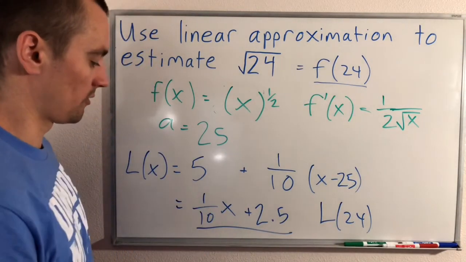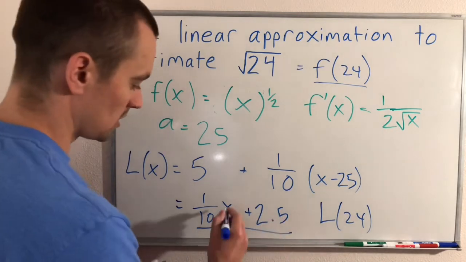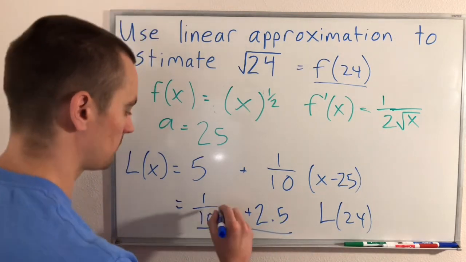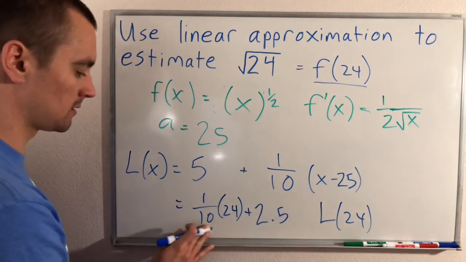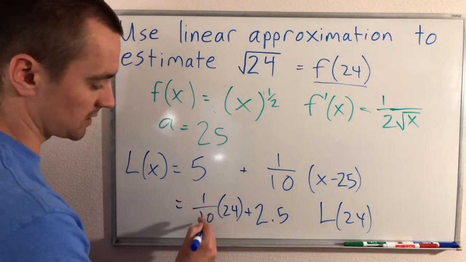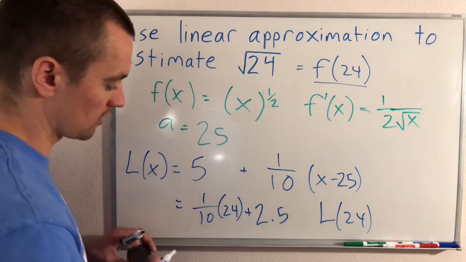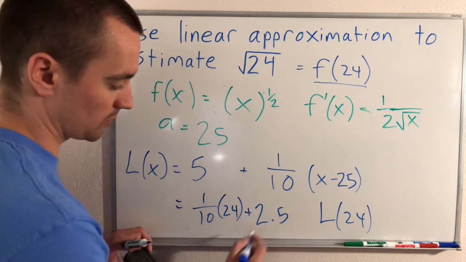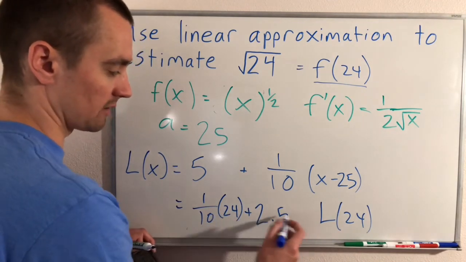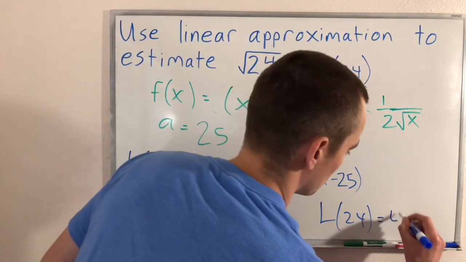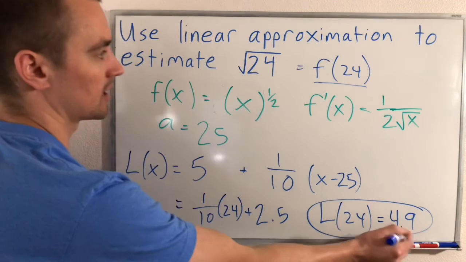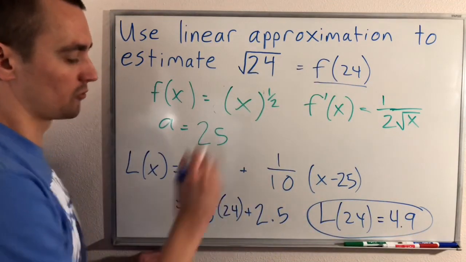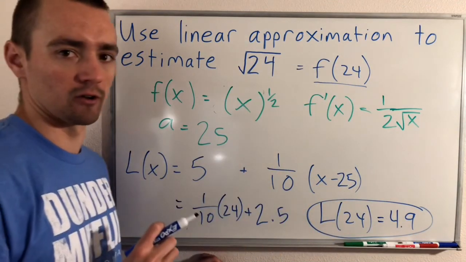So doing that, all we really need to do is replace our x with 24. 1/10 times 24 is 2.4, and then 2.4 plus 2.5 is going to give us 4.9. So that is our estimate of the square root of 24 using the linearization that we found for that function.